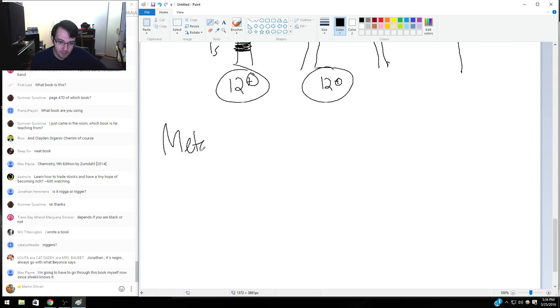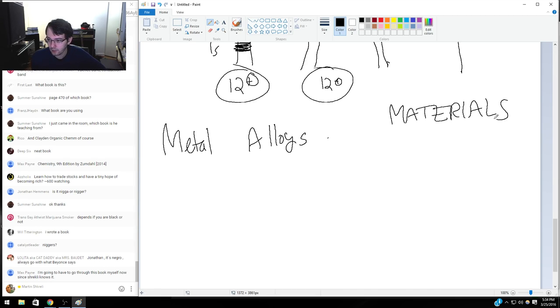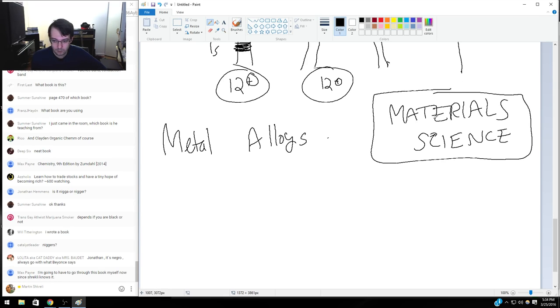The book then talks about metal alloys. I'm going to skip these. I don't think you need to know the difference between all of these alloys. Again, this is material science. If you find this interesting, and it is interesting, you can certainly learn more about how alloys work. Different kinds of steel. Chemistry has a lot of applications, as you guys know.